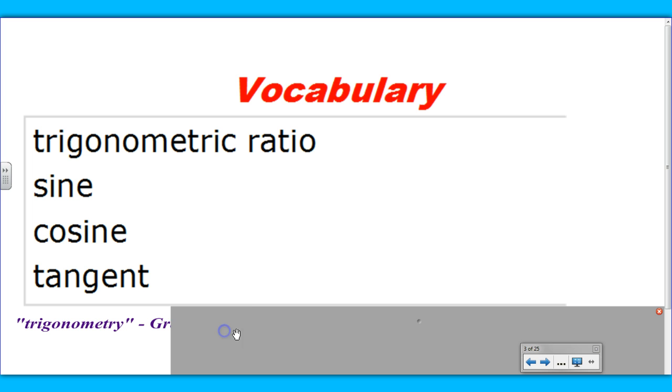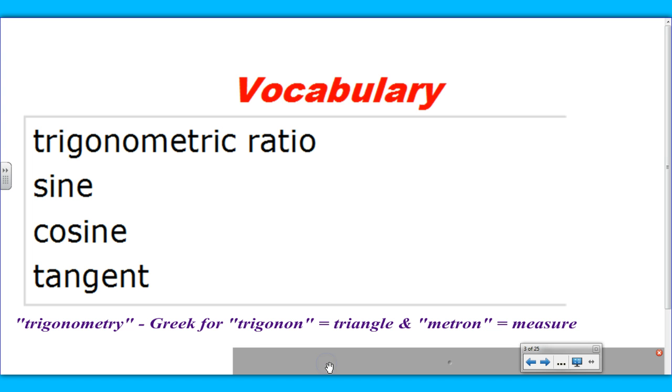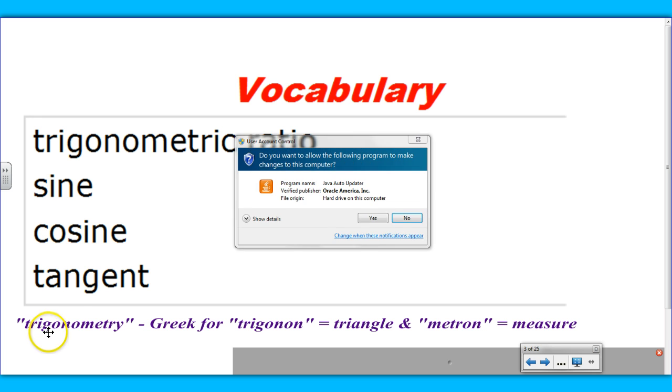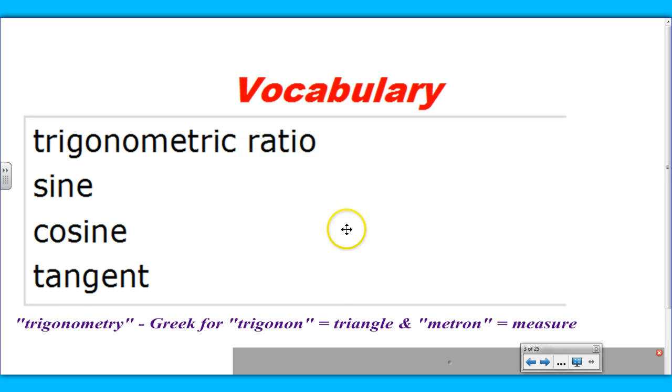Trigonometry is trig. Trig is a Greek word for triangle measure. Trigonon, triangle, and metry, measure, to measure triangles.